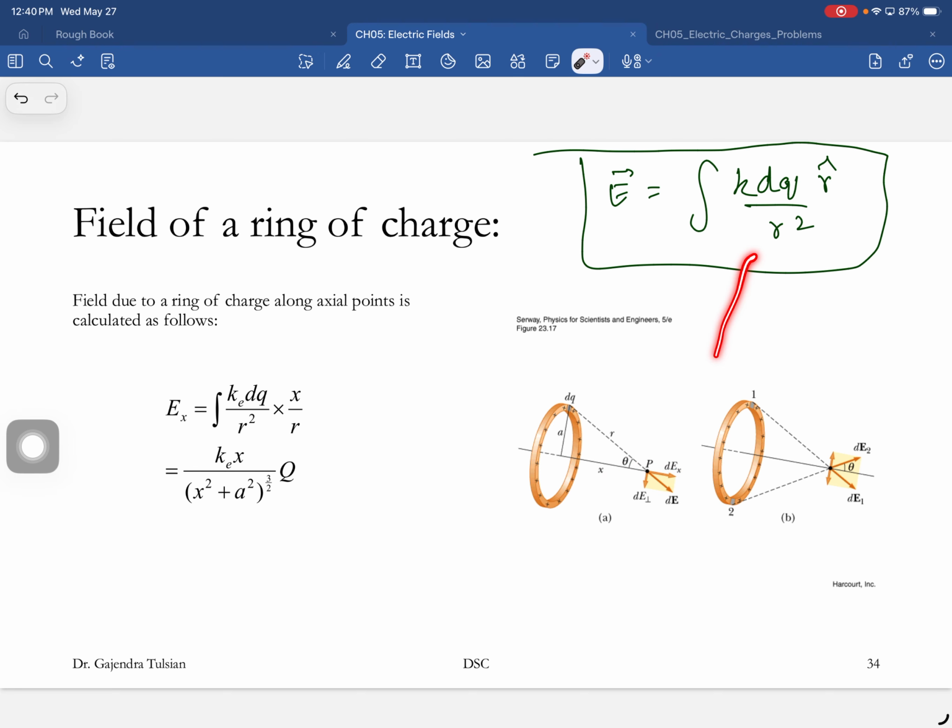Then you can do this integral. I'm not going to show you how to do it, but you can do it along these points. If you want the electric field anywhere else, good luck, you're on your own. Along those points, here's the answer. A is the radius of the ring, and x is the distance from the center.